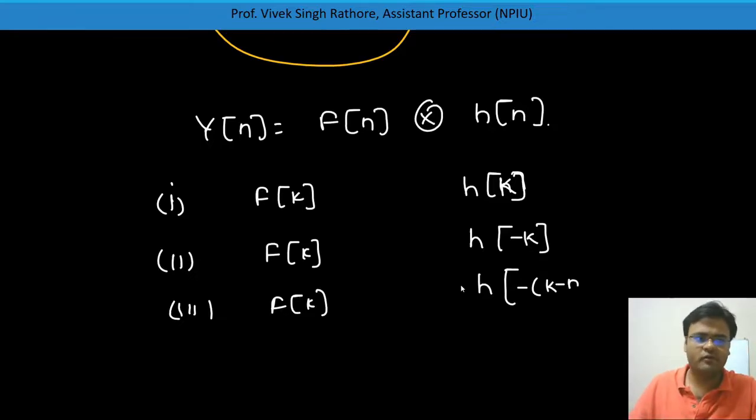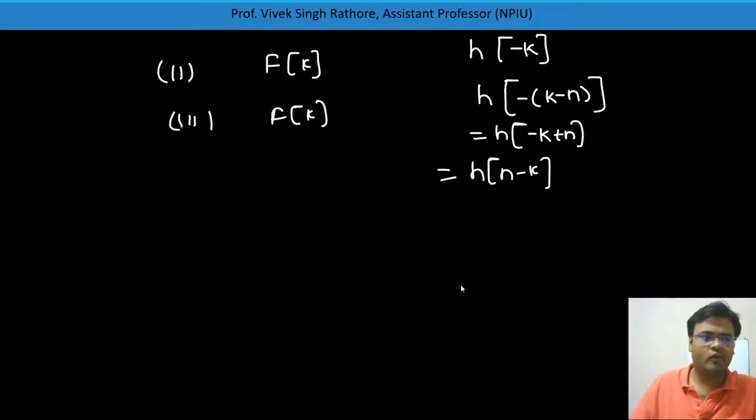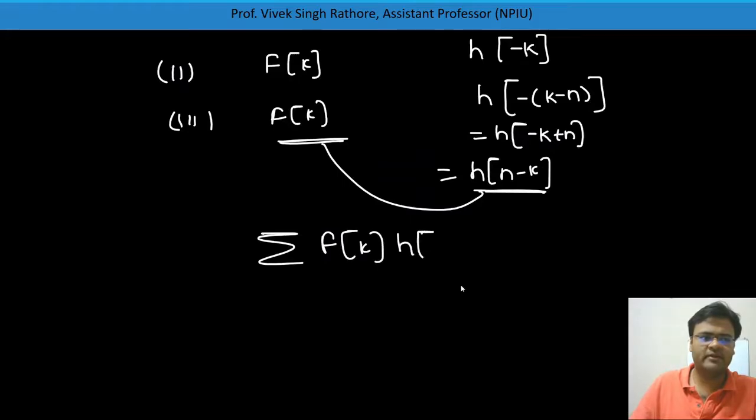So it is also written as h of minus k plus n, and we can write this as h of n minus k, right? And in convolution we are just multiplying f of k into h of n minus k, and we are summing it from minus infinity to infinity. This is called y of n, right?